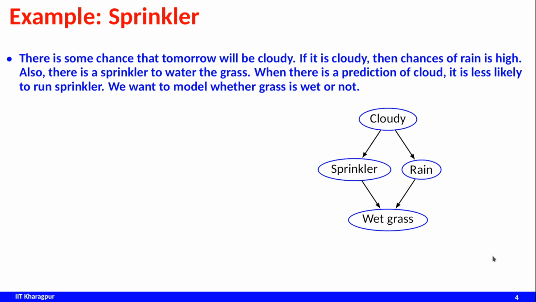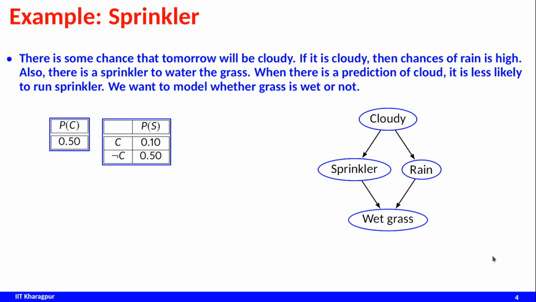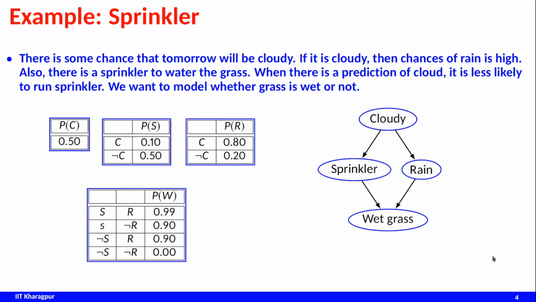This is the actual scenario, and then we have to provide the probability values. Cloudy is independent, so I can provide its probability, then we have to provide the conditional probabilities for sprinkler and rain, and we have to specify the probability for wet grass.